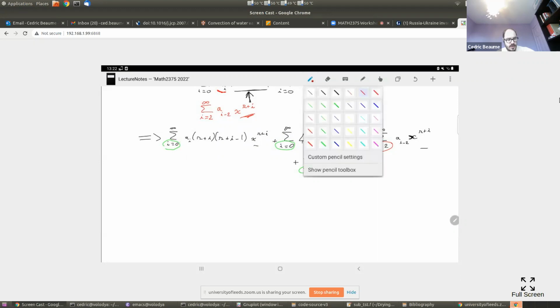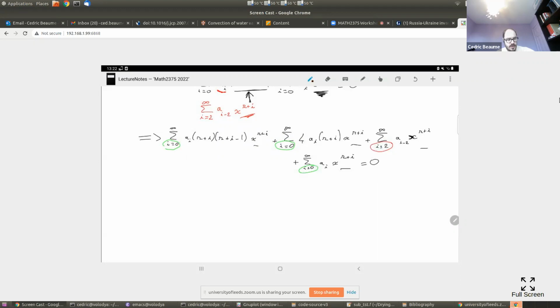So let's do this. How about we write it for i equals 0. For i equals 0, remember this is x to the r. The equation that we get is a0, I'm just looking at the first term at the moment, r plus 0, so that's r, times r plus 0 minus 1, so that's r minus 1. That's the first term. Then the second term also has an i equals 0. That's going to be 4a0, r plus 0, so that's r.